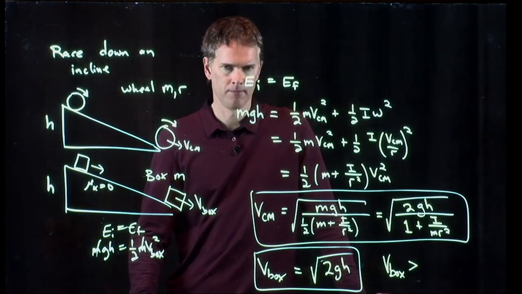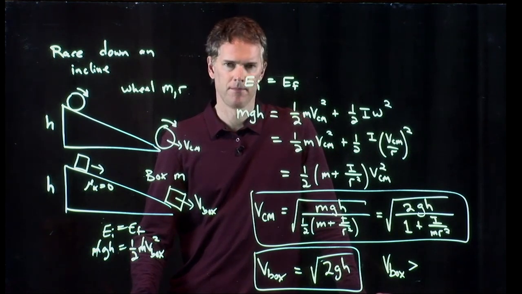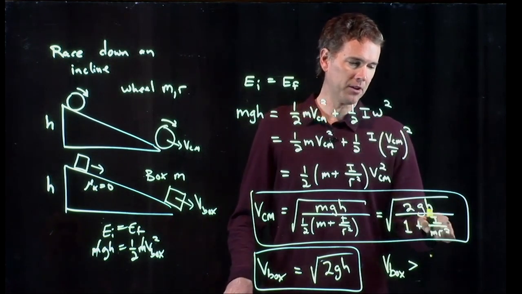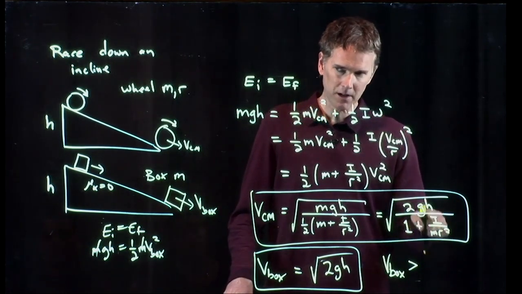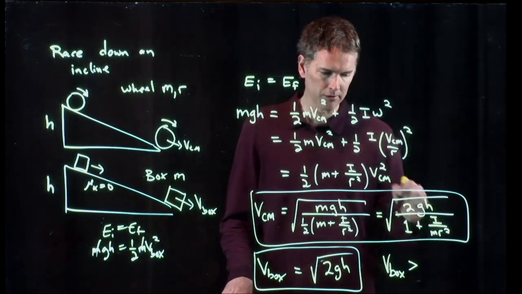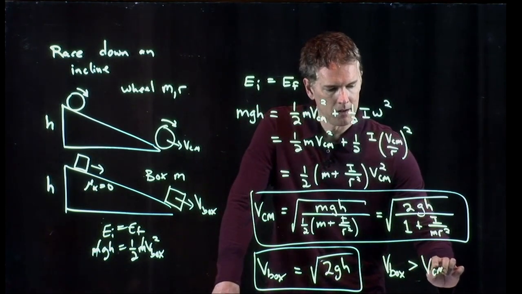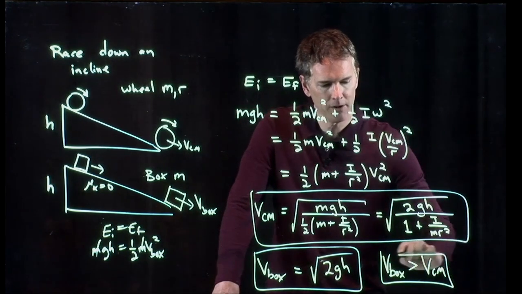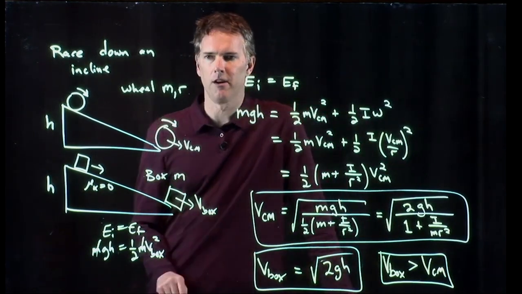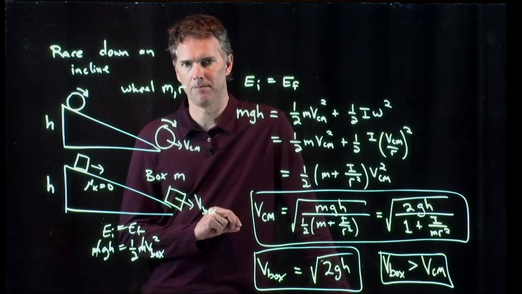Well, because they're both square root 2gh, but you're dividing the velocity of the wheel by 1 plus I over mr squared. That's right. So if this is a positive number down here, which it is, I is always a positive number, m is always a positive number, r squared is of course always a positive number, then we get the box has a bigger speed than the wheel, and therefore it gets there first. It gets there first, and it's going faster when it gets to the bottom.